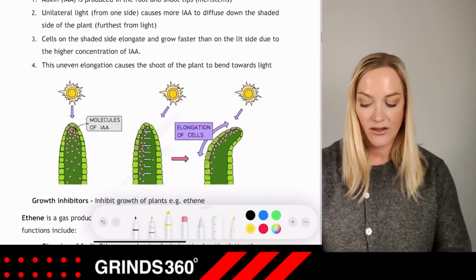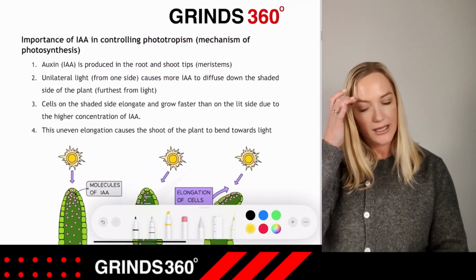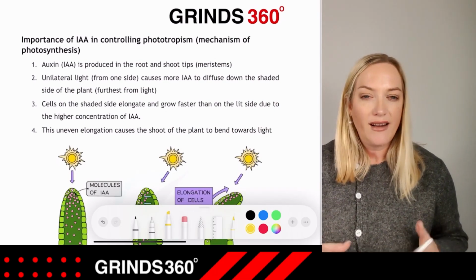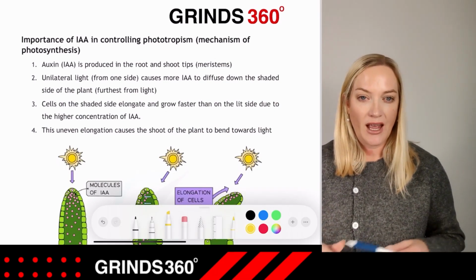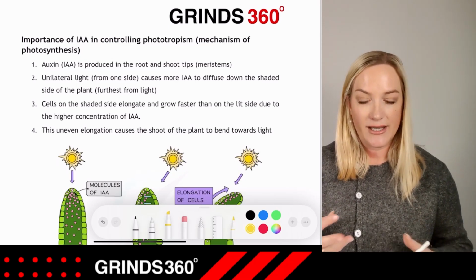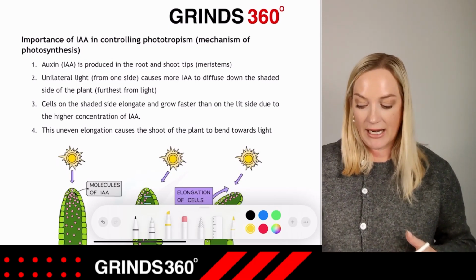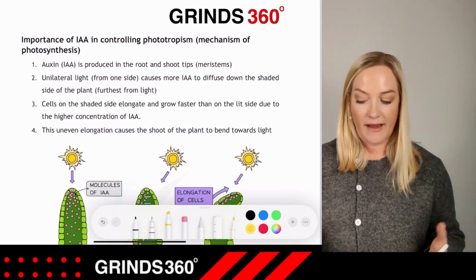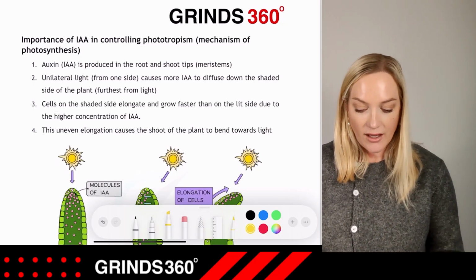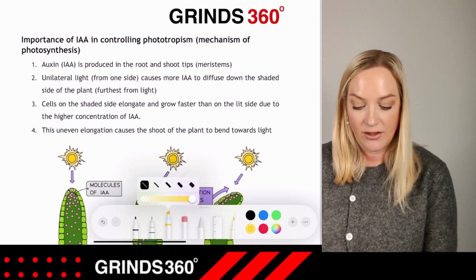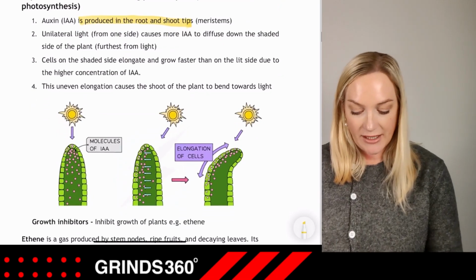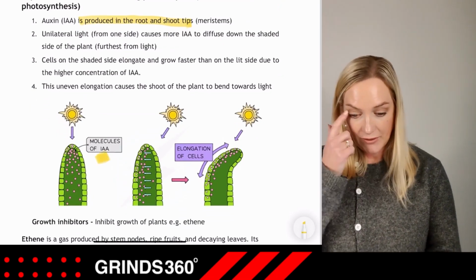Now, the importance of IAA. When we're looking at the importance of IAA, what we want to know here is, where is that growth regulator produced? How does that growth regulator move around the plant? Is there a consequence of that movement around the plant? How is the growth affected, and what is the result of this? So IAA is produced in the root or the shoot tips, your meristematic tissue. Here's our IAA being produced.